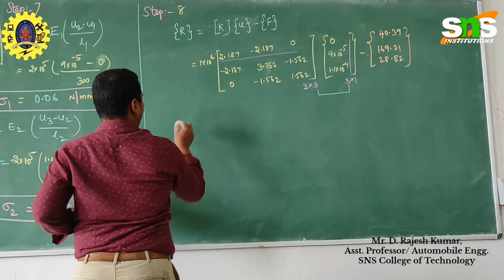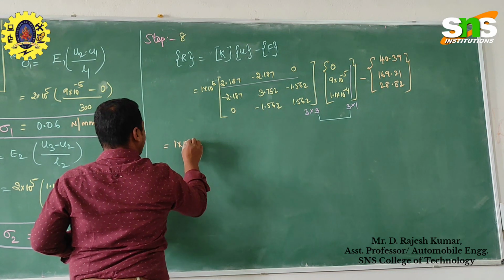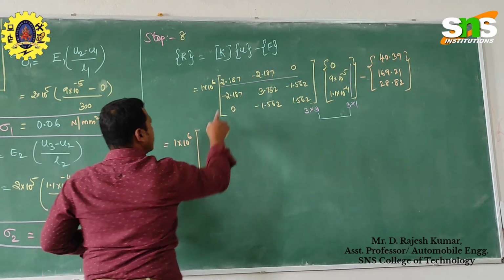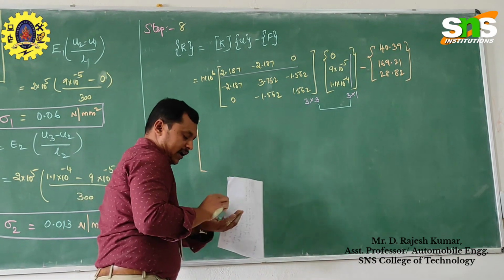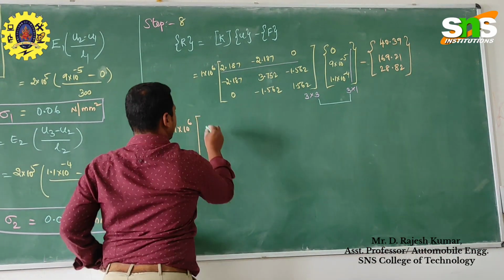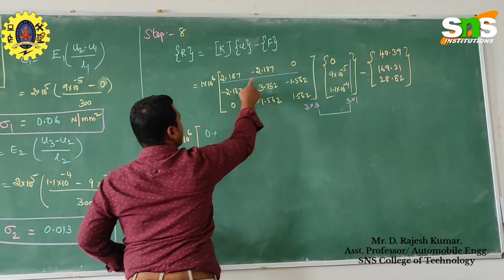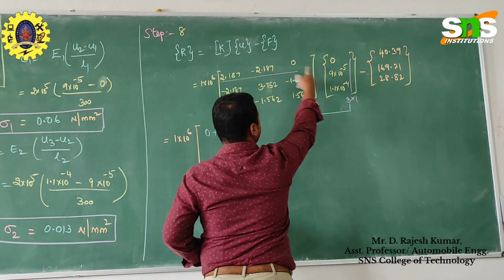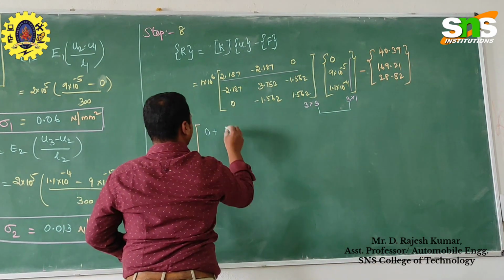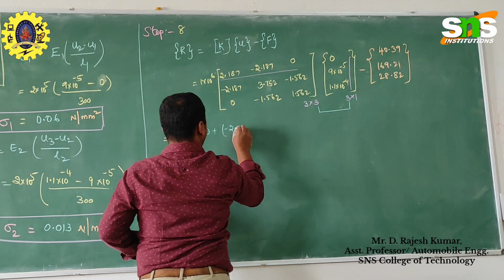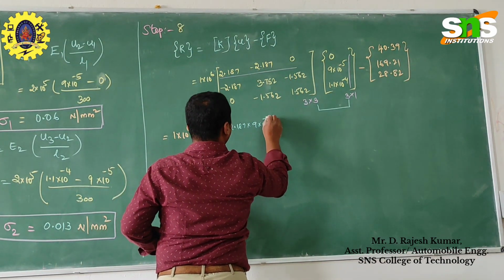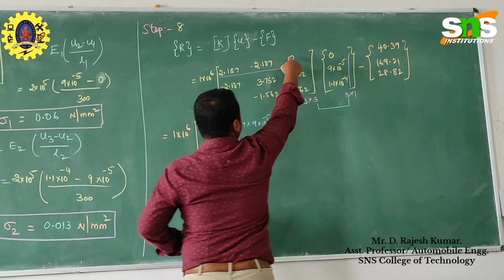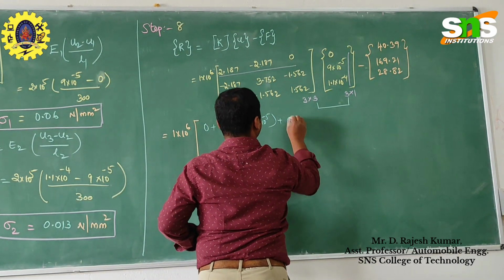The first value: outside is 1 into 10 power 6, 2.187 into 0 is 0, plus minus 2.187 into 9 into 10 power minus 5, plus 0 into this is 0.